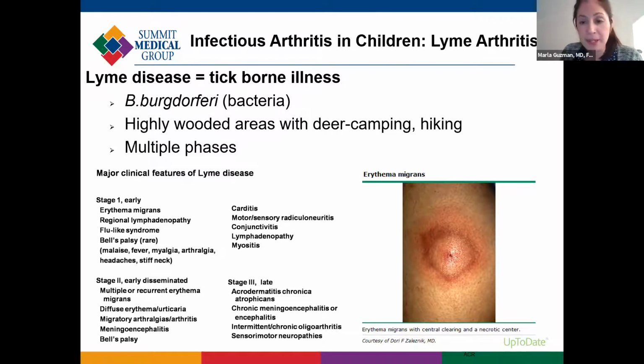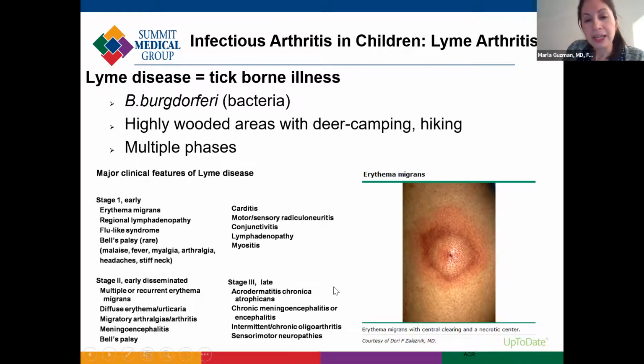Other things that may happen in this early onset are something like a flu-like syndrome or Bell's palsy, and a variety of other symptoms. They might have other kinds of rashes. They may have conjunctivitis or redness of the eyes, other neurological manifestations.